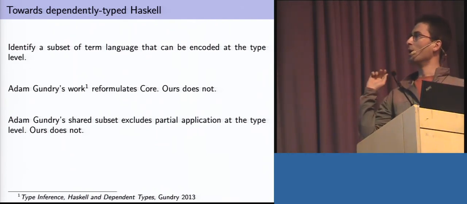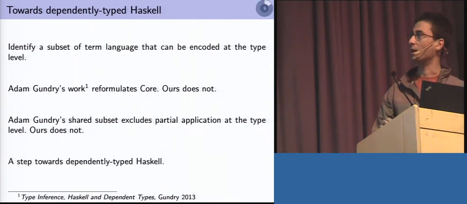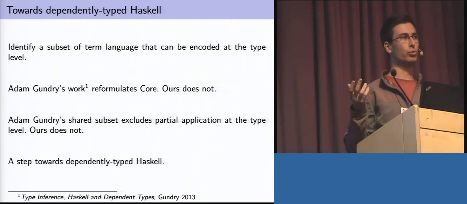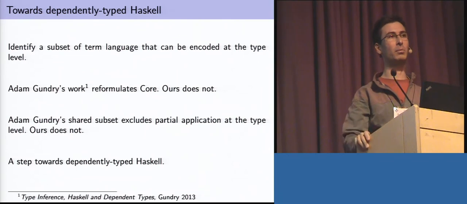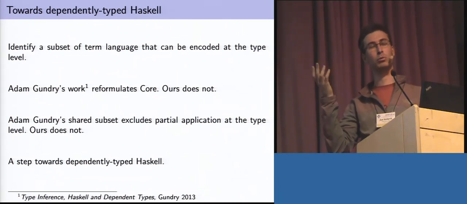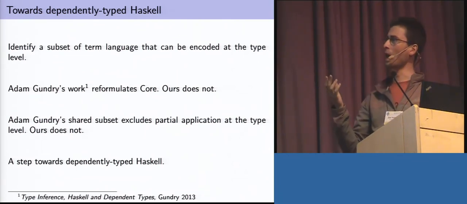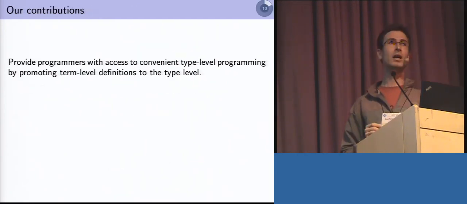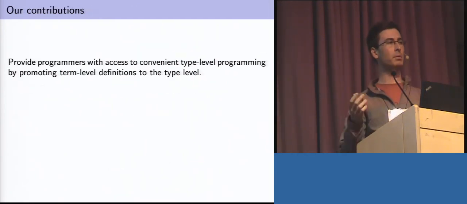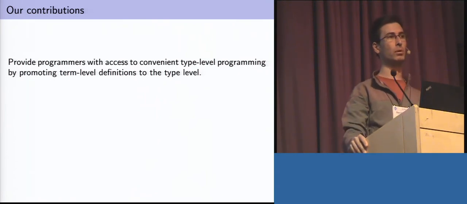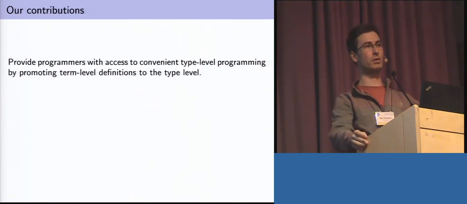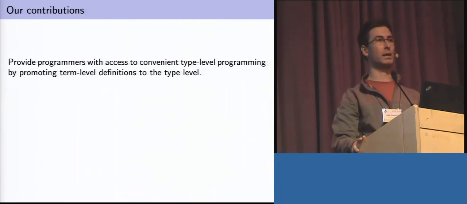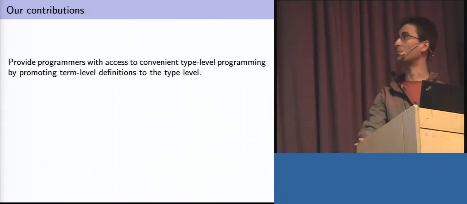So, all in all, this is just yet another step towards dependently typed Haskell, because in dependent types you want to write your functions at the term level and then be able to apply them to types. And this is what we did. We wanted to provide programmers with access to convenient type-level programming by allowing people to write term-level definitions and then have those definitions promoted to types, that is, converted to type families.